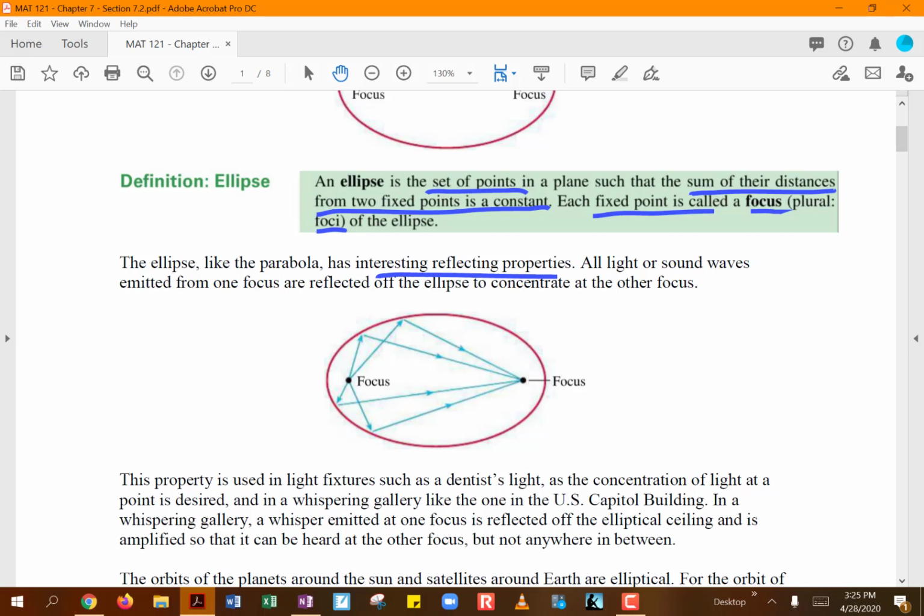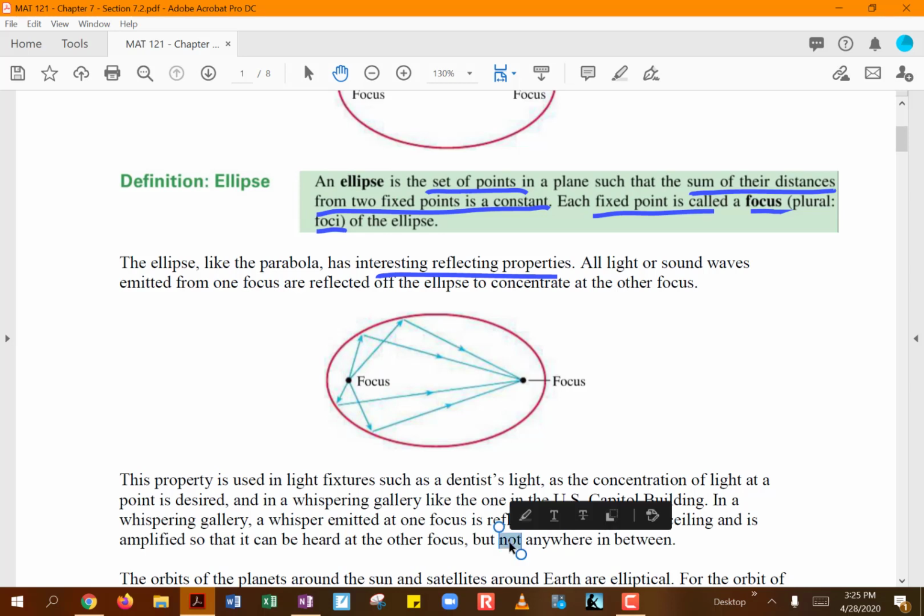So you can take light and sound waves, and the idea is if they are emitting from one of the foci, so let's say here on the right, at this focus is our light or sound source, that light or sound will get reflected off the elliptical surface and bounce back towards the other focus.